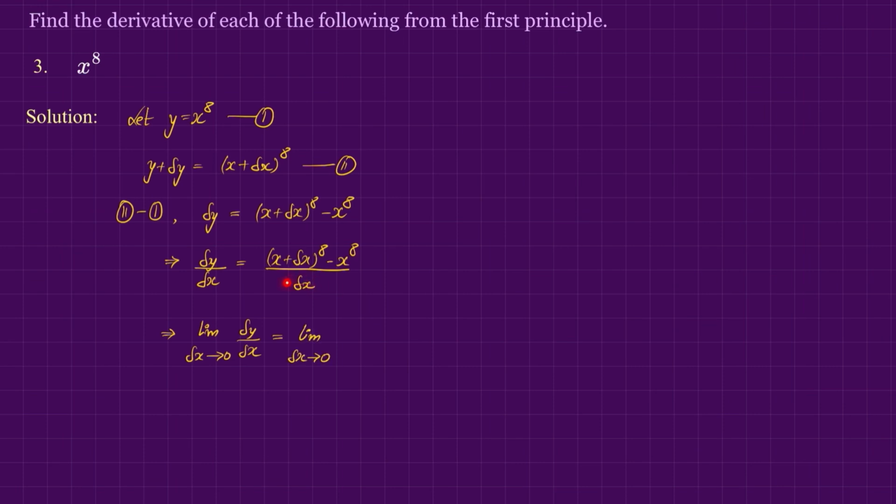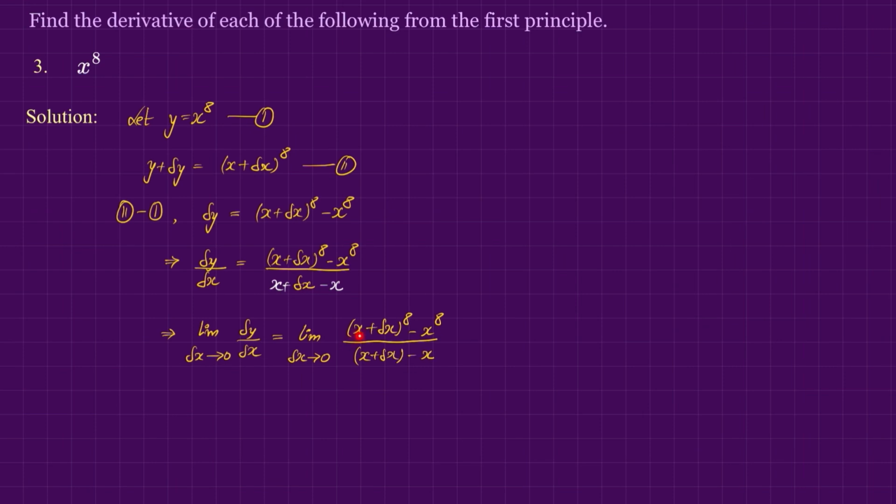Now here, since there was delta x, so let me add x and subtract x. Okay, so we can do that because value has not been changed. So here in numerator we will have x plus delta x whole to the power 8 minus x to the power 8 whole divided by x plus delta x minus x.